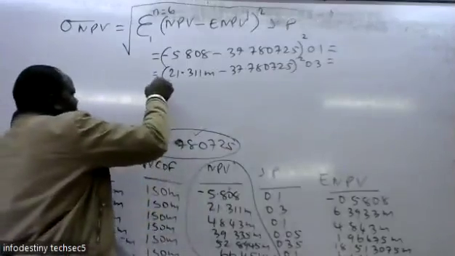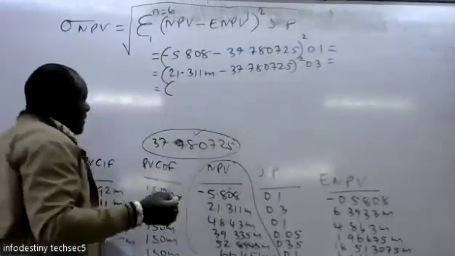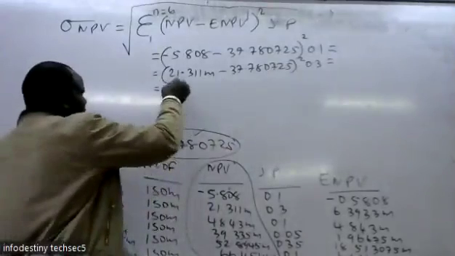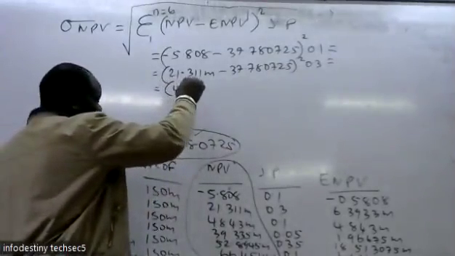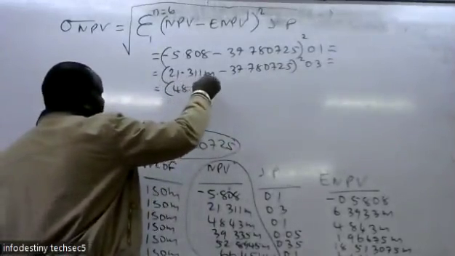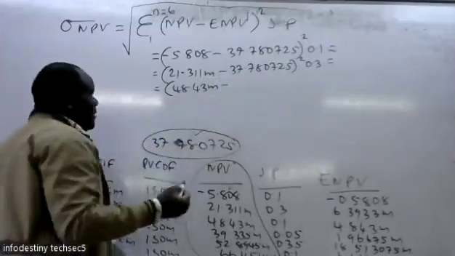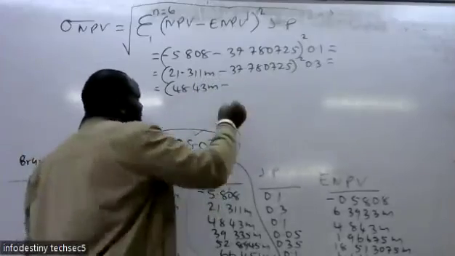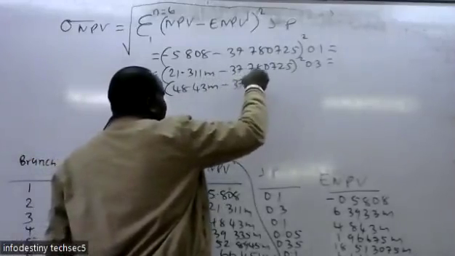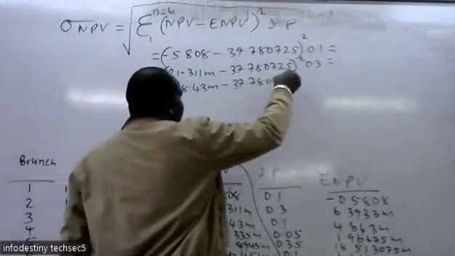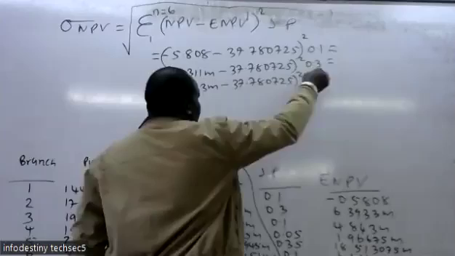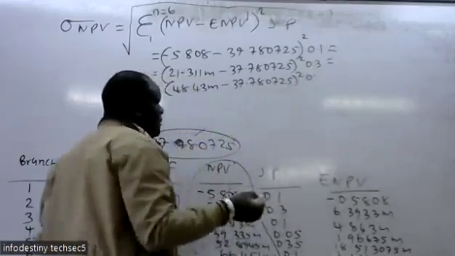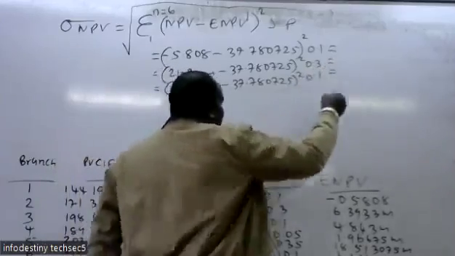The next branch is 48.43. We also subtract 37.780725 square. Also 0.1.